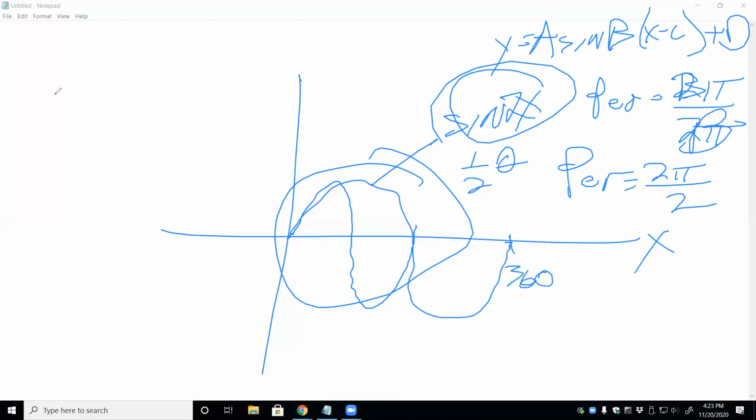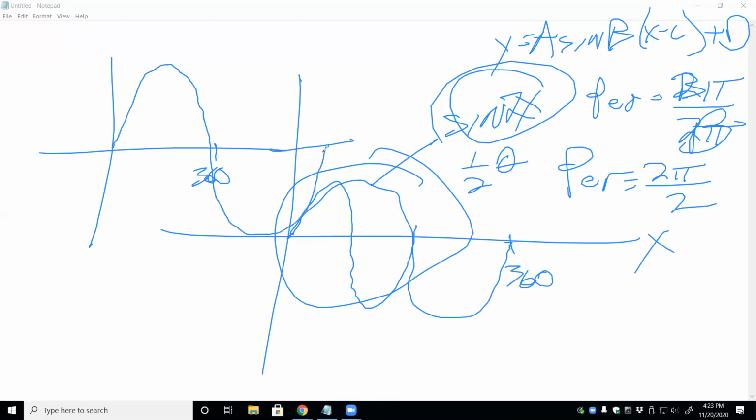If I were to graph on this same graph, where here's the 360 mark, the sine of 1/2 theta, it would go out to 720. I would label this the sine of 1/2 x, or theta, whatever you like.